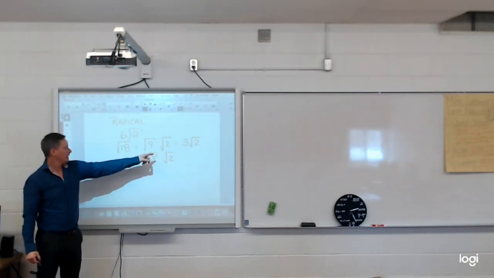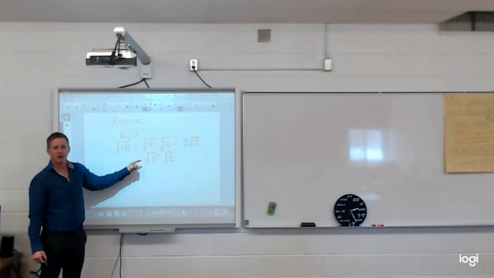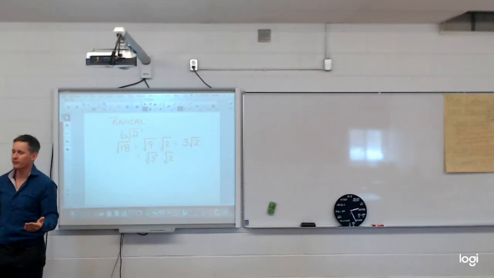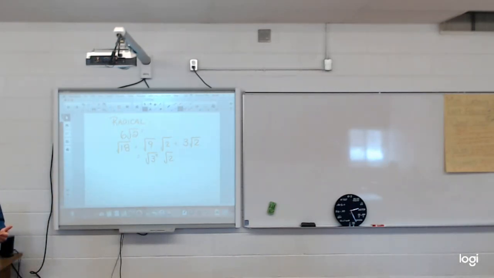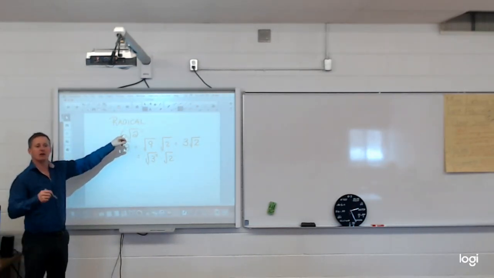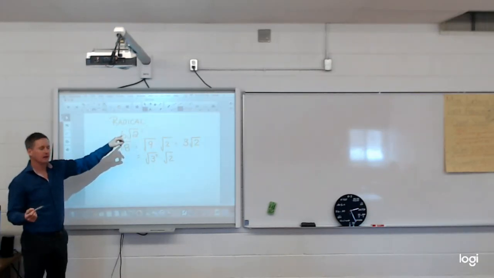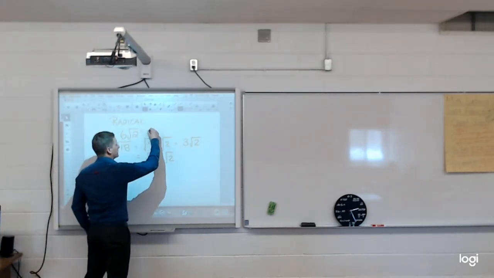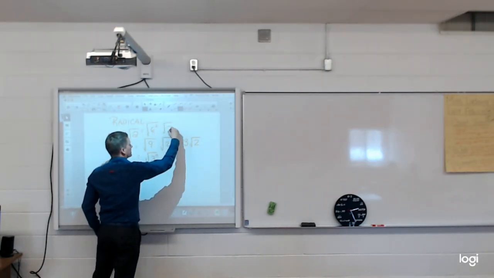Now the squared and the square root cancel each other out because they're inverses of each other. Agreed? So what I can do then is add a square root to this as long as I do what to it? Square it. So let's do that. I'm going to add the square root and make it 6 squared times root 2.